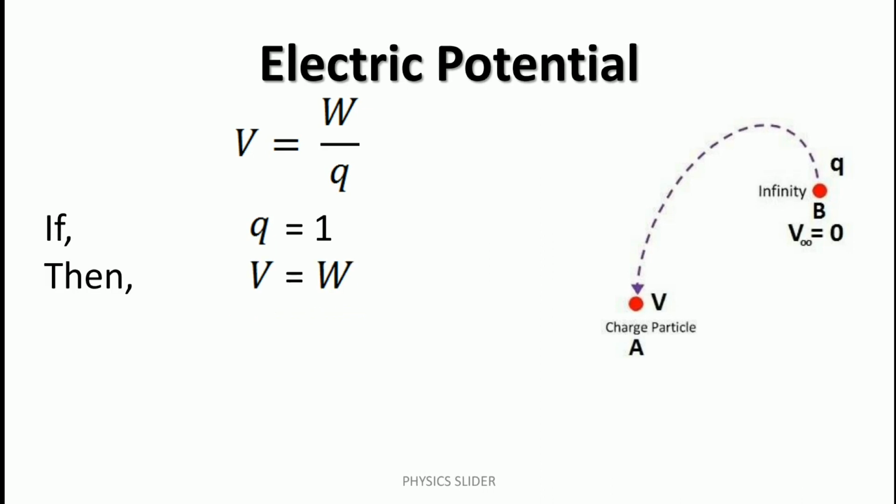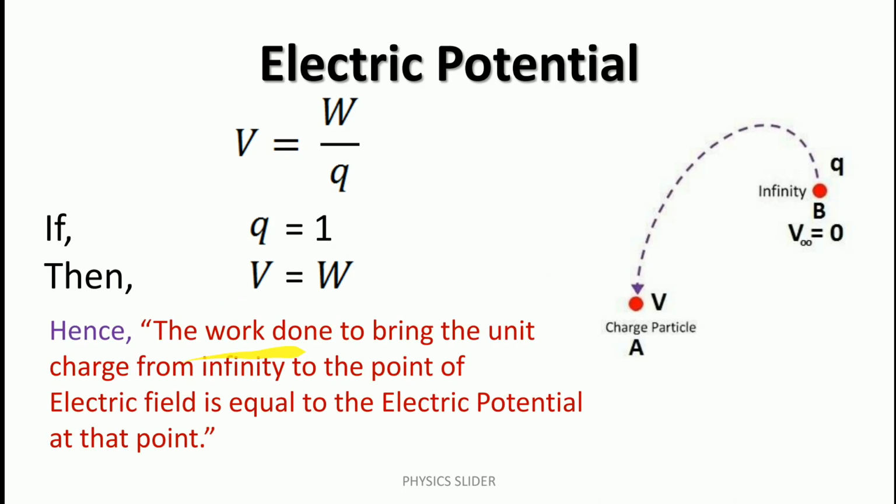Now we will read it. The work done to move unit charge from infinity to the point of electric field is equal to the electric potential. So we can say the work done to bring the unit charge from infinity to the point of electric field is equal to the electric potential at that point.